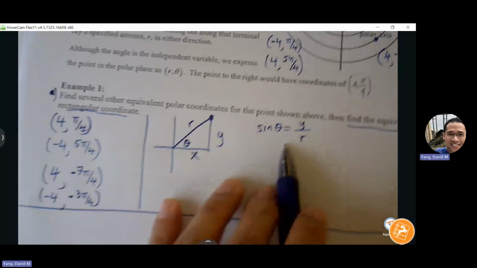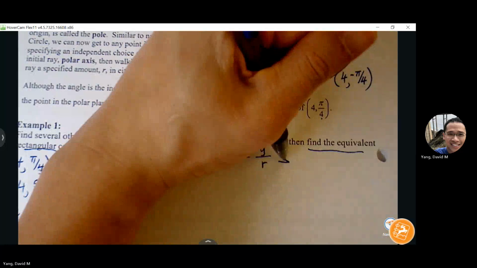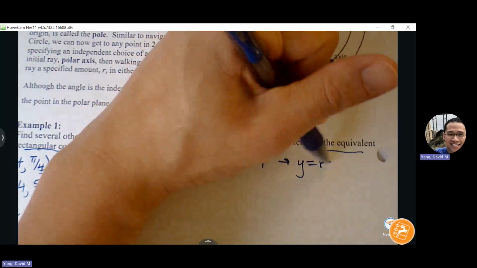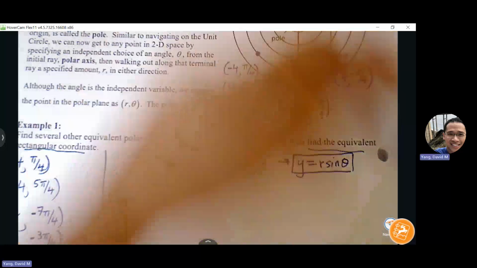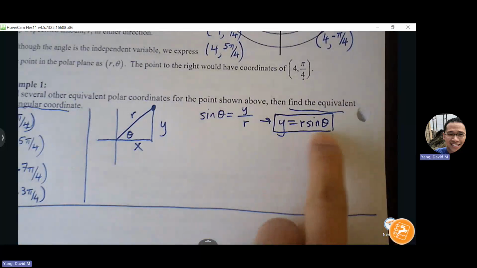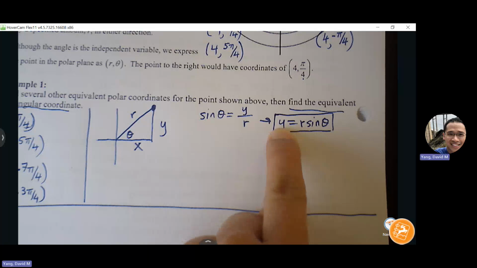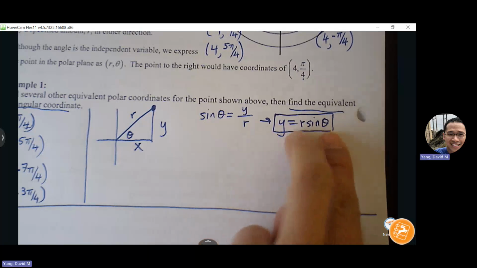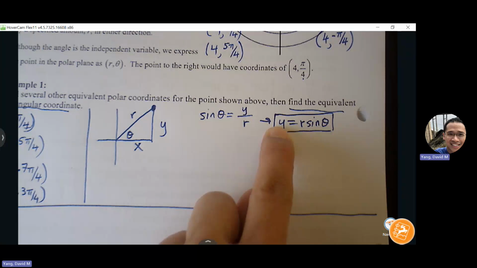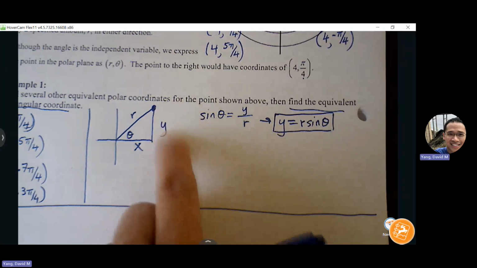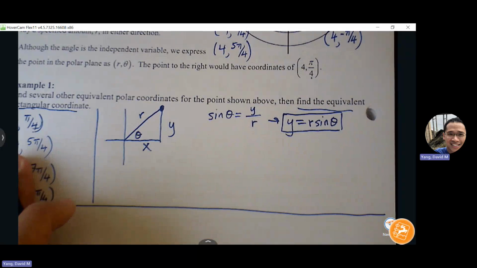So if I want to solve for y here, what would that look like? Yeah. So this is my conversion from polar to rectangular. If I have the r and theta, I can plug in r sine theta, and that will give me the y portion of that ordered pair.